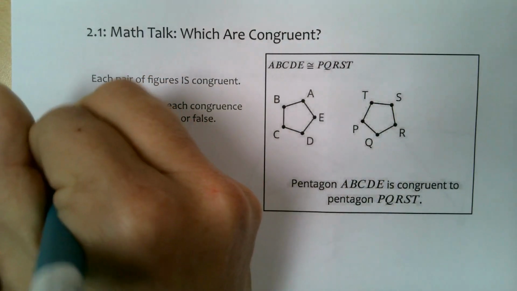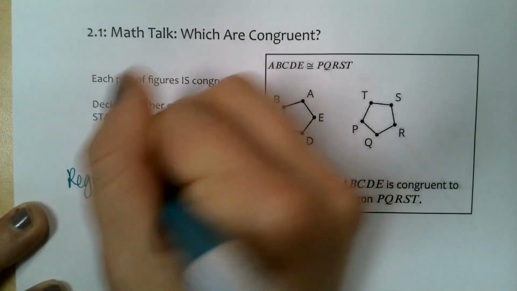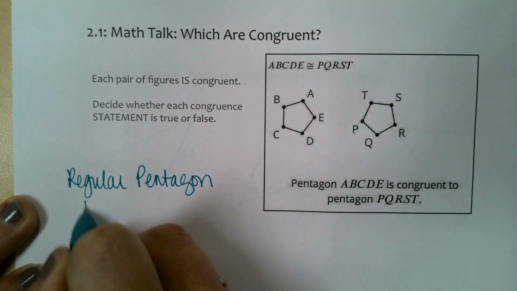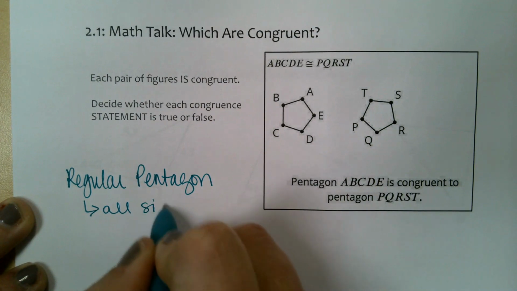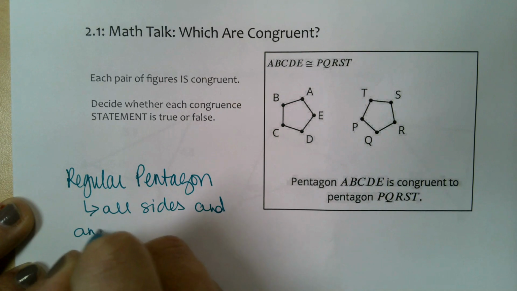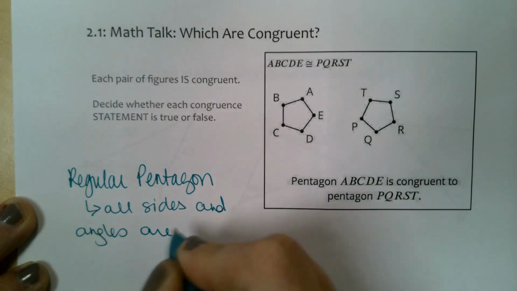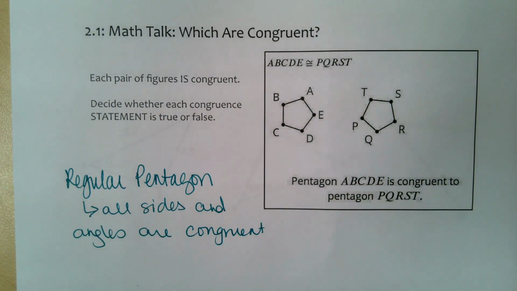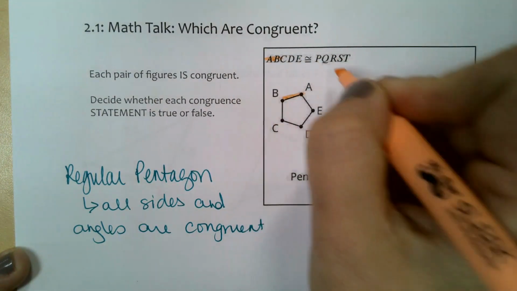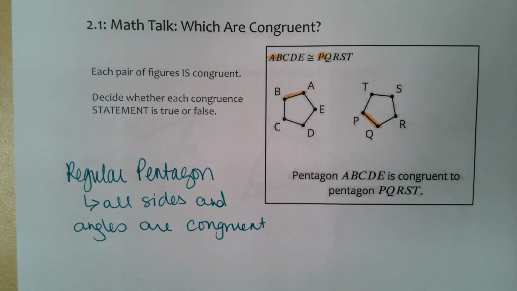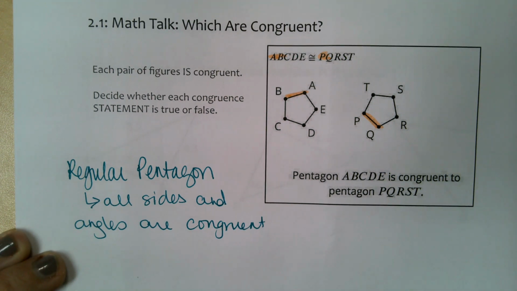Reminder that a regular pentagon, or really a regular polygon of any sort, means that all sides and angles are congruent. And so essentially what that means is that, yes, while AB is congruent to PQ, it could be congruent to any of those sides. So we could have written this in a bunch of different ways.